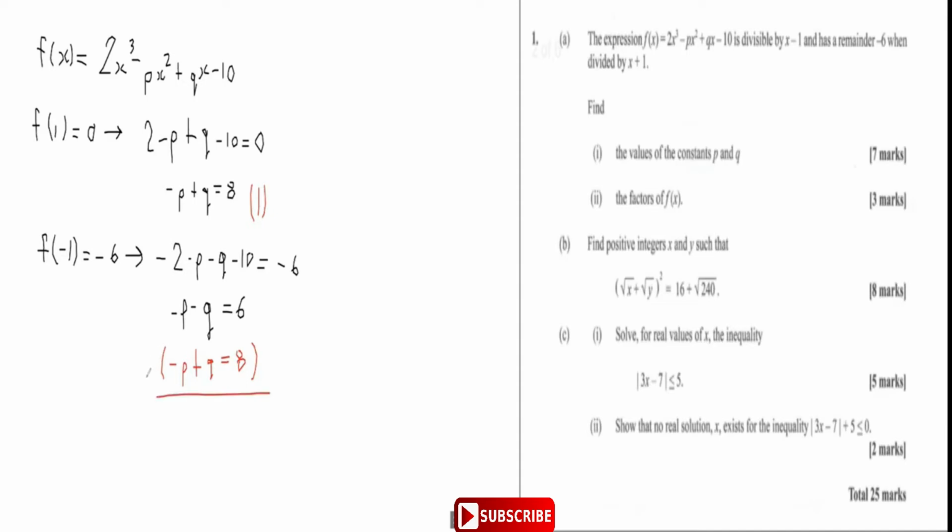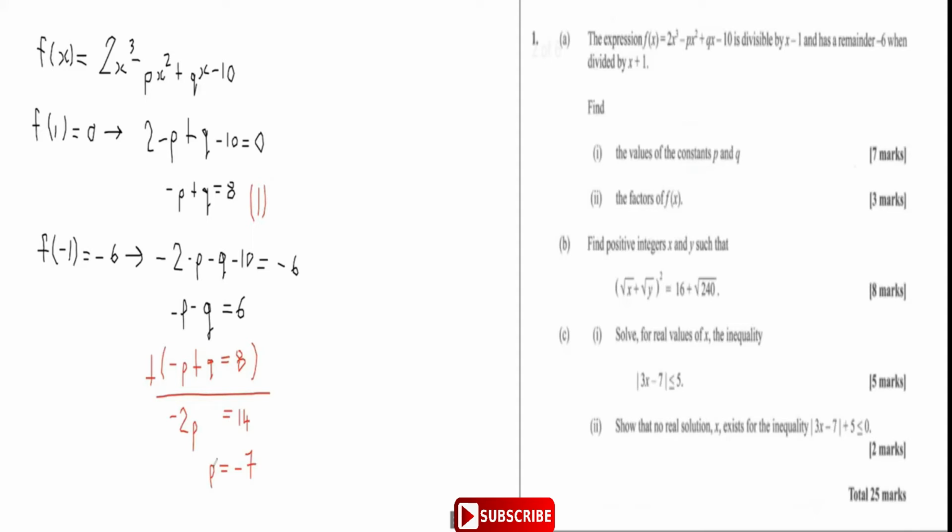I'm going to get minus 2p, then minus q plus q cancel, and 6 plus 8 is 14. If I then divide through by negative 2, I'm getting that p is equal to 14 over negative 2, which is negative 7. So that's how we get p to be negative 7.